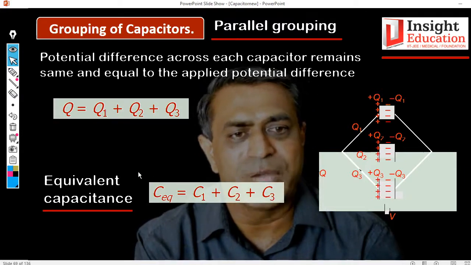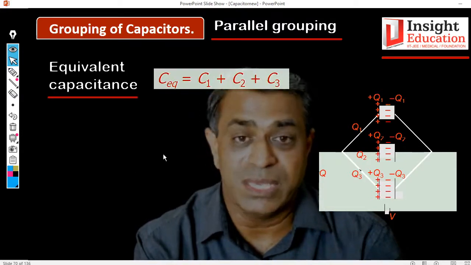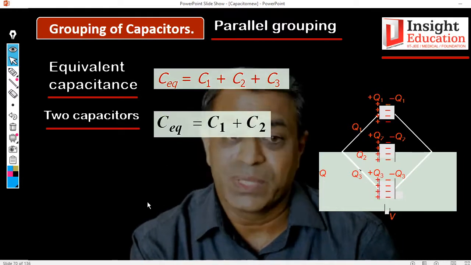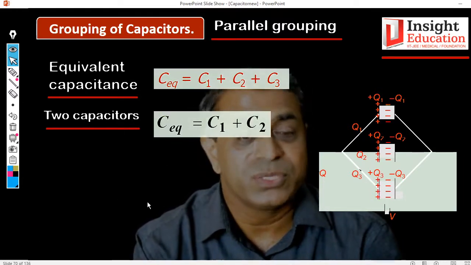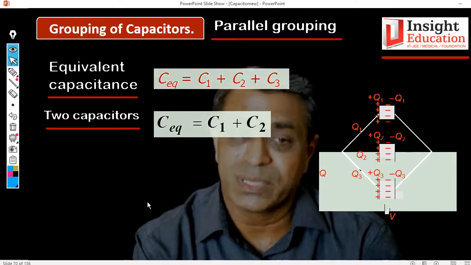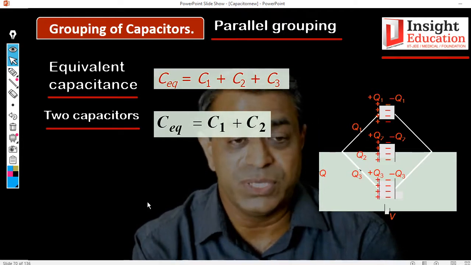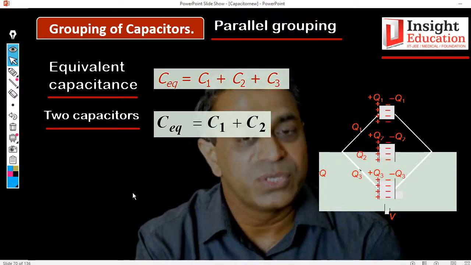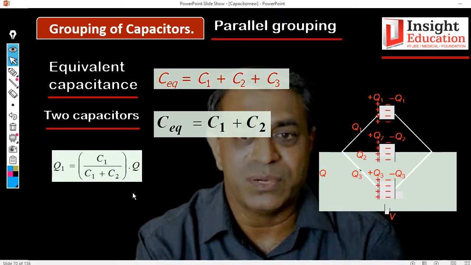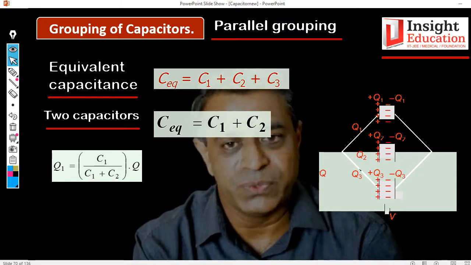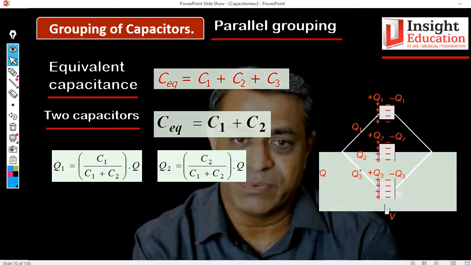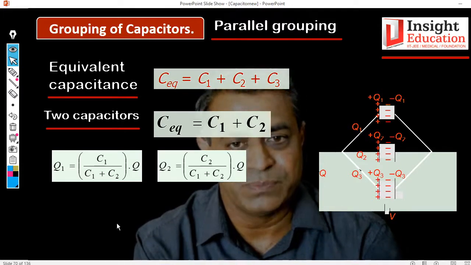If there are two capacitors, then C equivalent is equal to C1 plus C2, and if you know the capacitances C1 and C2, then charge Q1 is equal to C1 upon C1 plus C2 into Q, and Q2 is equal to C2 upon C1 plus C2 into Q.